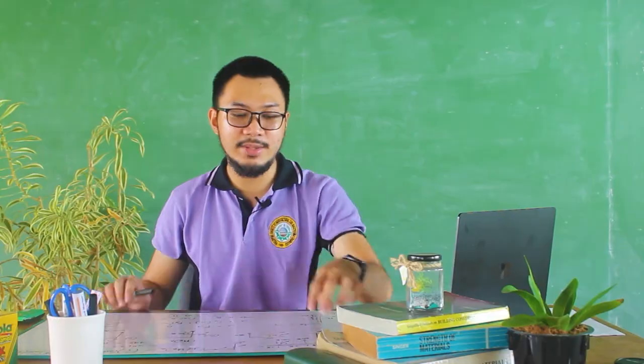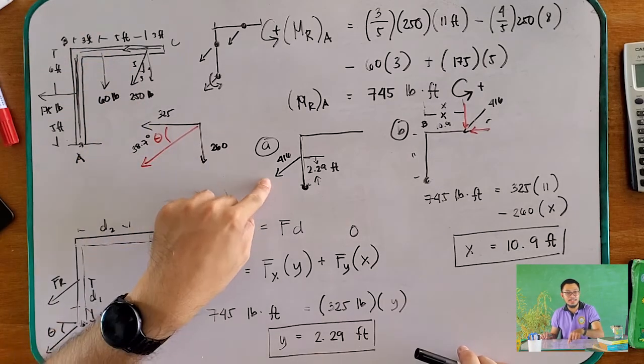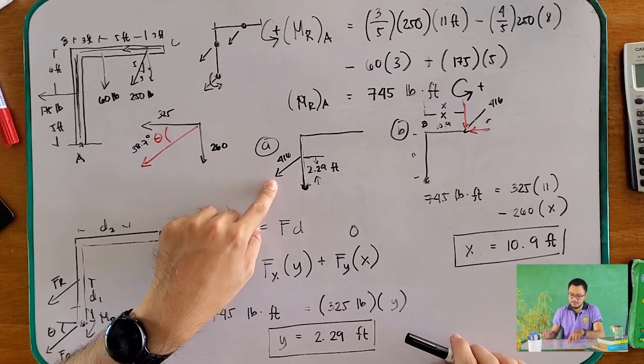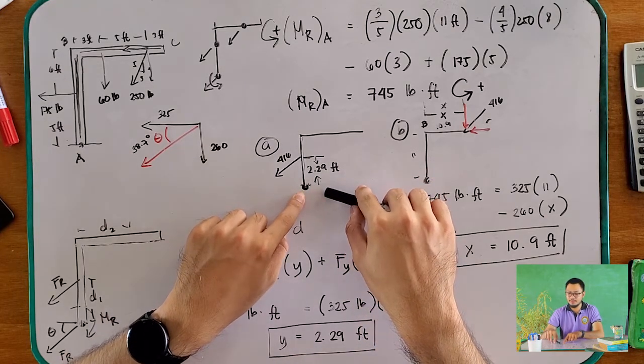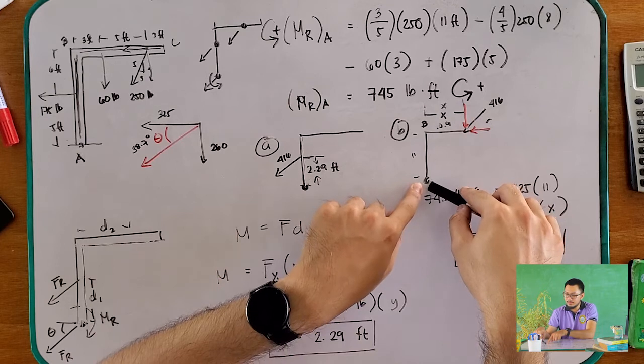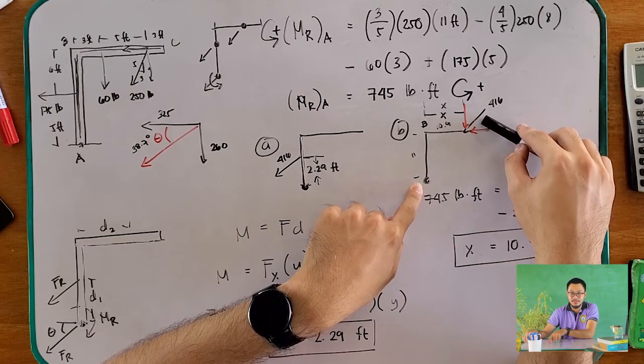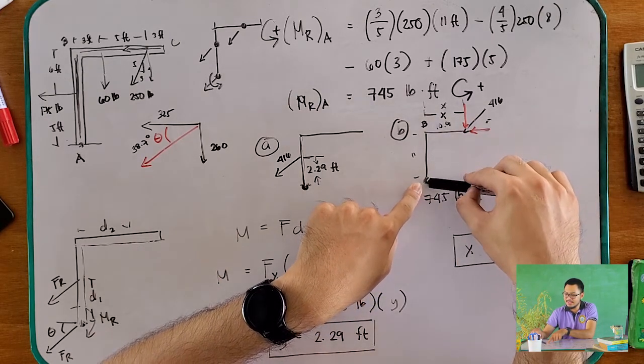This one has 3 forces, but we summarized it into one force located at a certain distance from point A. This one also is one force at a distance from point A, but all of these three have the same effect on our jib crane. Understood?